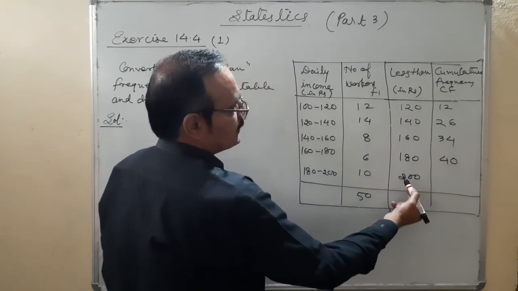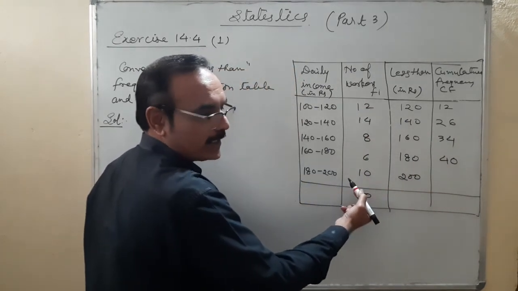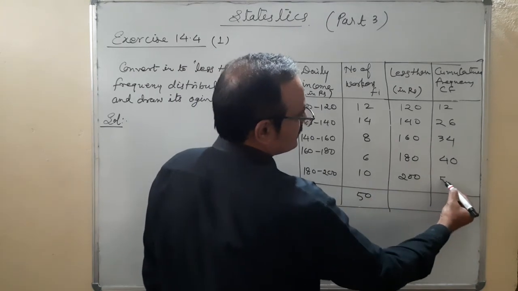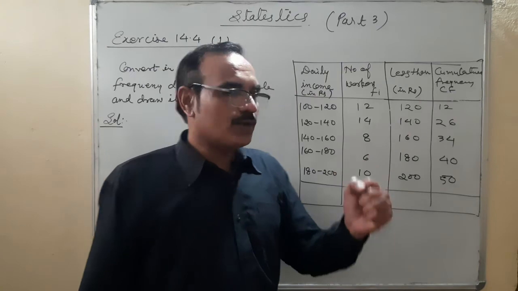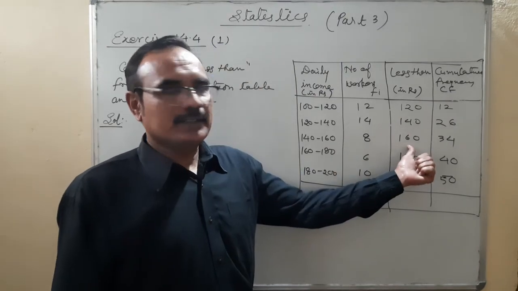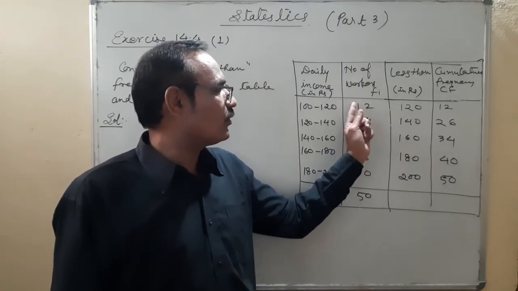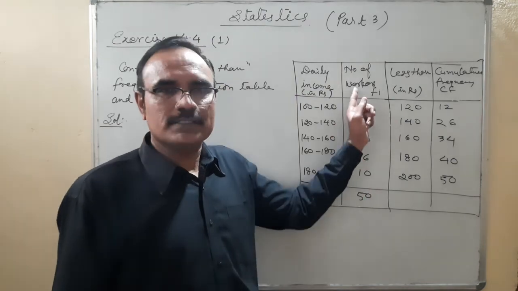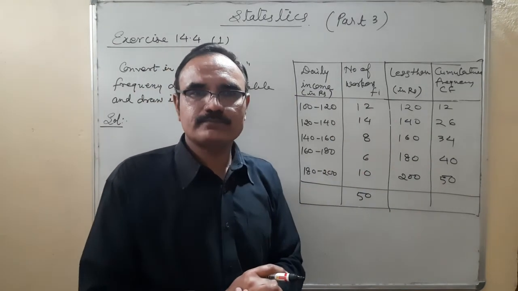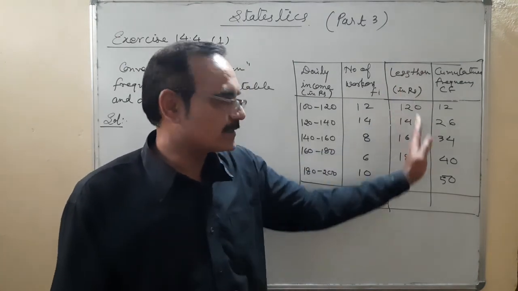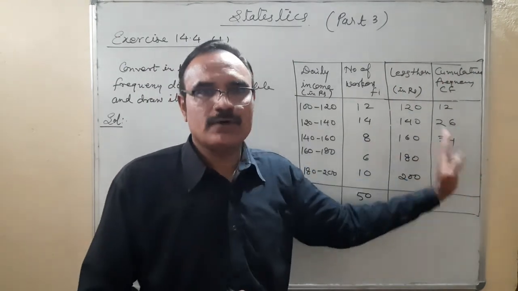Less than 200, including everything, 40 plus 10 is 50. I hope it is clear. Whenever we write less than 160, all these terms in the frequency column will be added, because these all come under less than 160. So one column is this less than type, second is the CF for the less than.